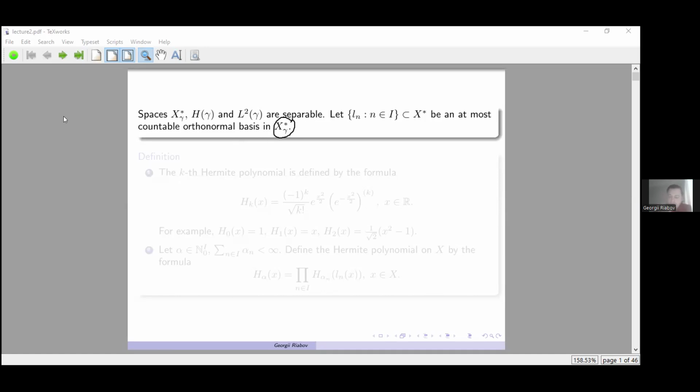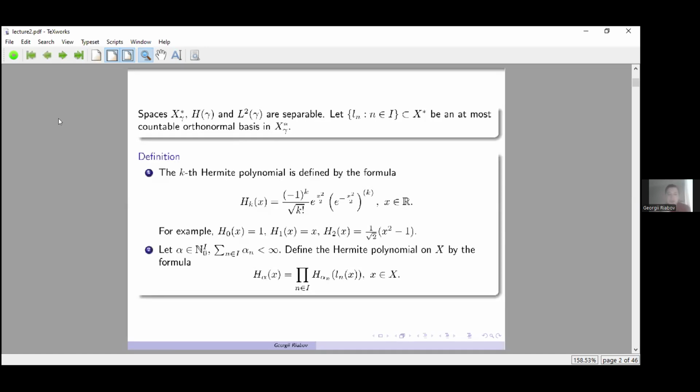Okay, so now let's define some polynomials. So the kth Hermite polynomial is defined by this expression. These polynomials are defined on the real line for all non-negative integers k. We will see in a second that this is indeed a polynomial.